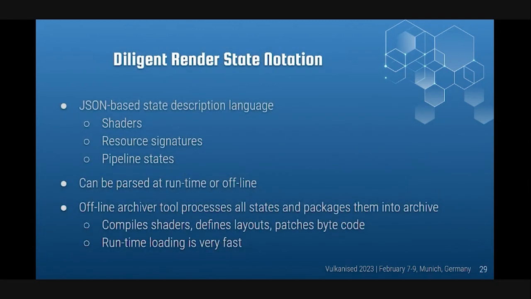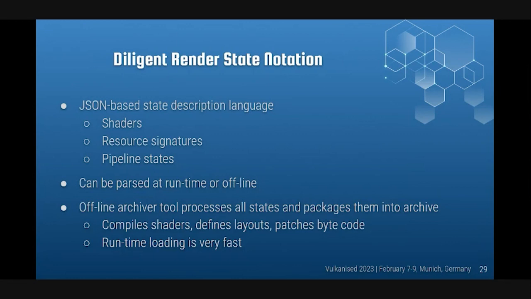And Diligent Engine lets you define the resources in the code, but it also has a special language called Diligent Render State Notation. It's a JSON-based language that lets the shaders, resource signatures, and pipeline states be defined outside of the program, so that they can then be compiled and packed into an archive object that allows the engine to load all the states very fast at runtime.